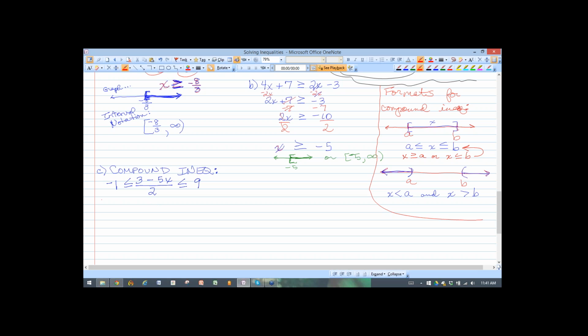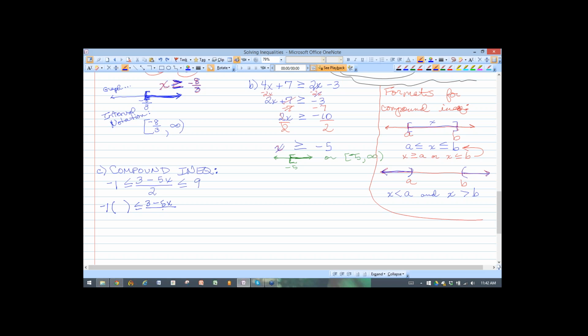So I'm going to multiply all 3 sides by -2. So we're going to have -1. And 2 is positive. Be careful on this one.